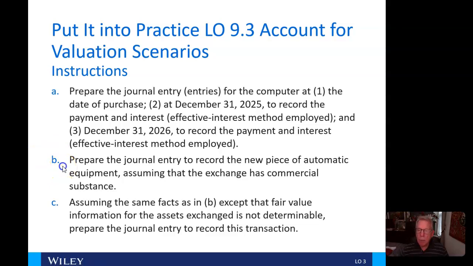And then under Bravo, prepare the journal entry to record the new piece of automatic equipment, assuming that the exchange has commercial substance. And then Charlie, assuming the same facts as in Bravo, except the fair value information for the assets exchanged is not determinable, prepare the journal entry to record this transaction.